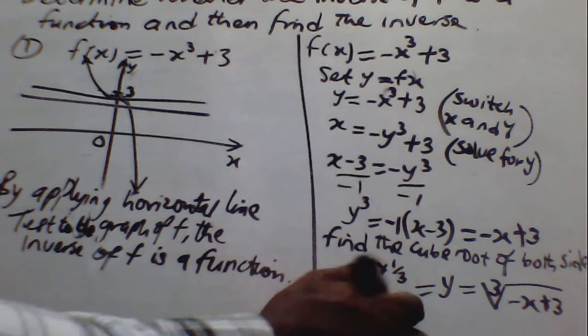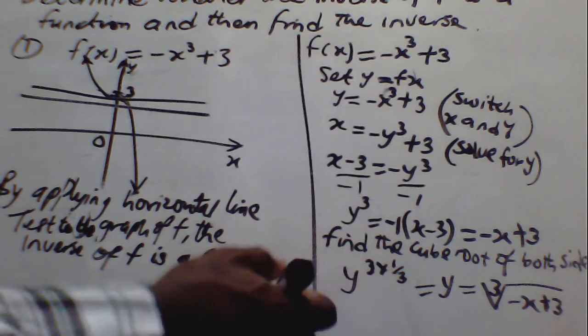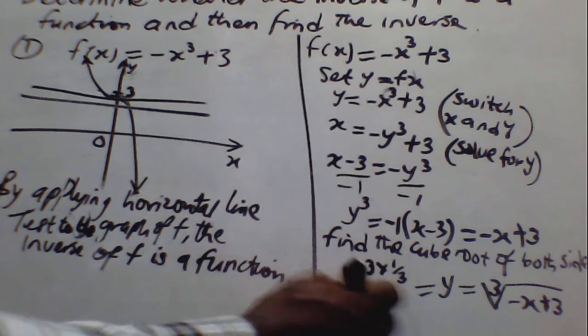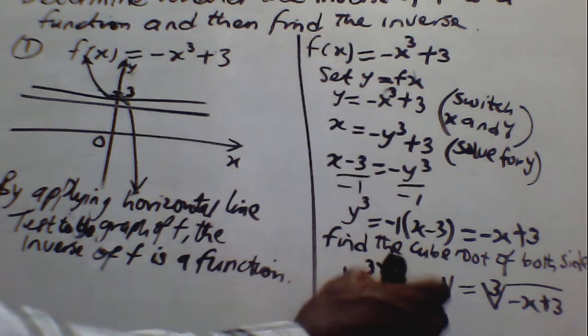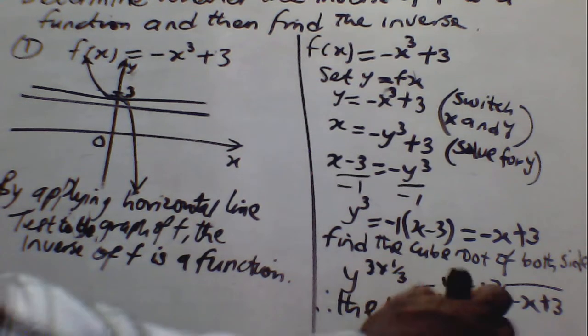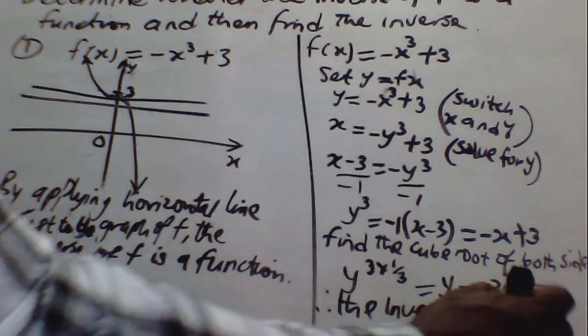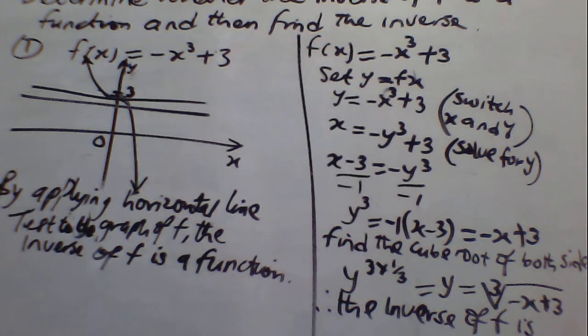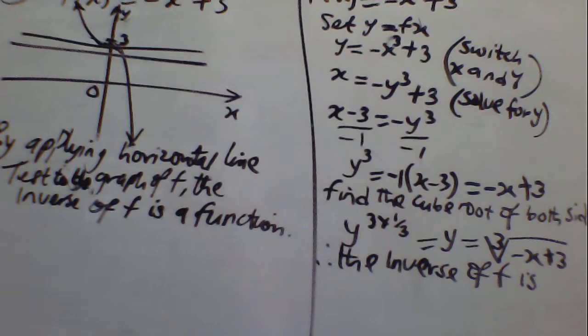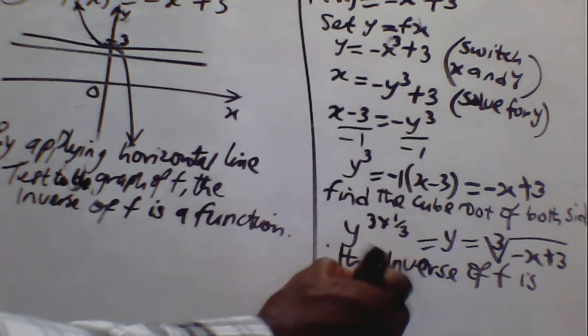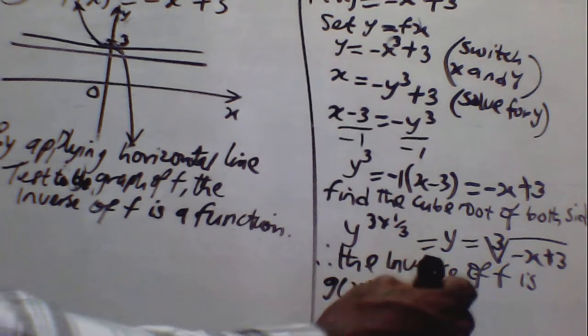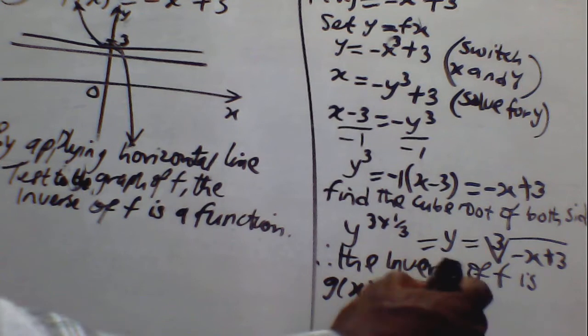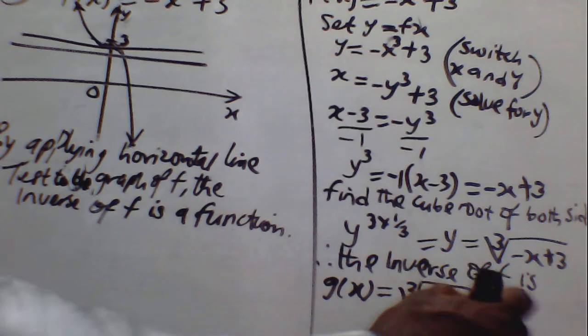So from here we can now say that therefore the inverse of f is g of x equals the cube root of minus x plus 3.